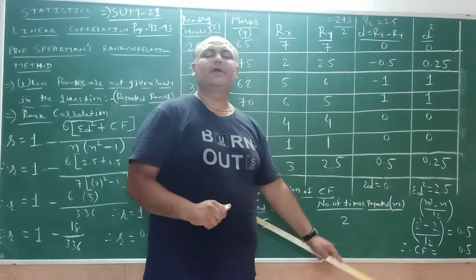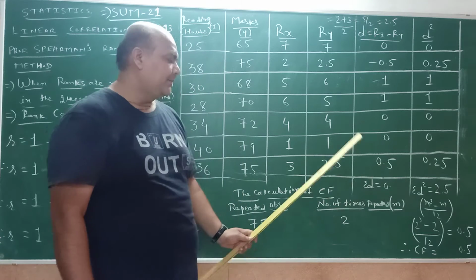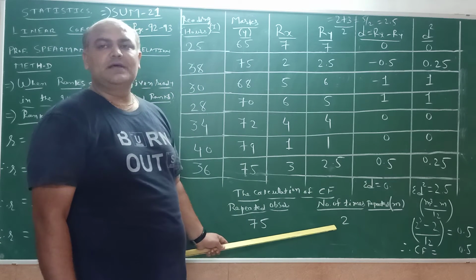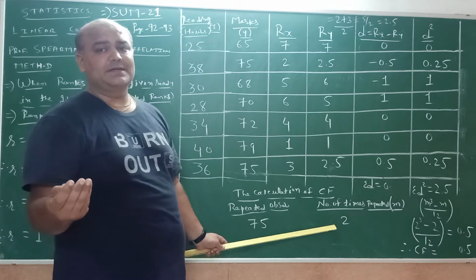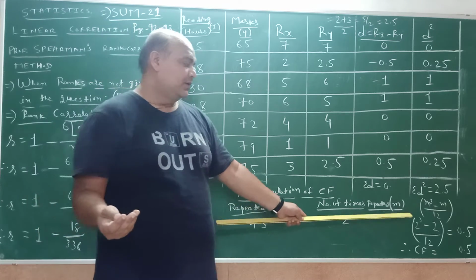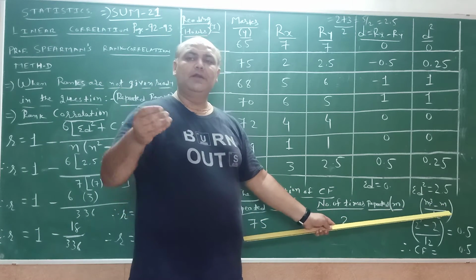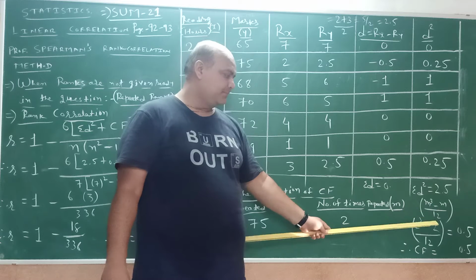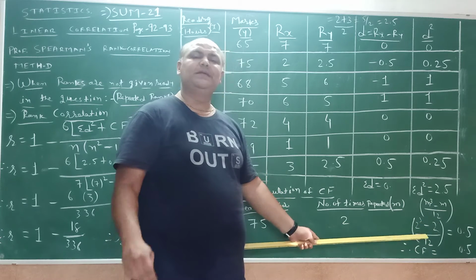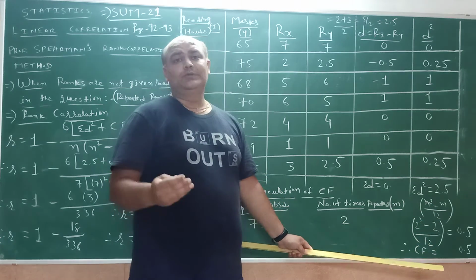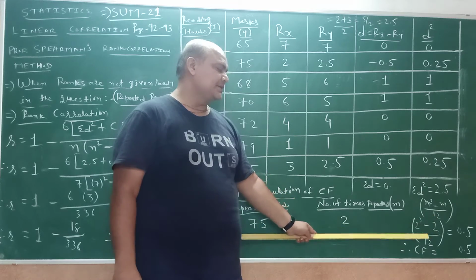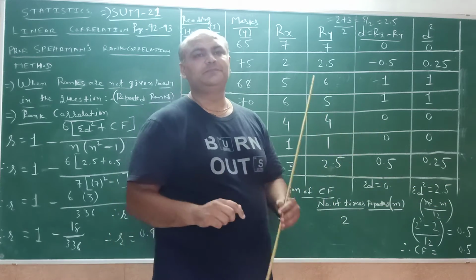So the correction factor is 0.5. Repeat this: the observation is repeated 2 times, so here 2. We put the value into the formula, 2 cube minus 2 upon 12. 2 cube is 8, 8 minus 2 is 6, 6 divided by 12 is 0.5.